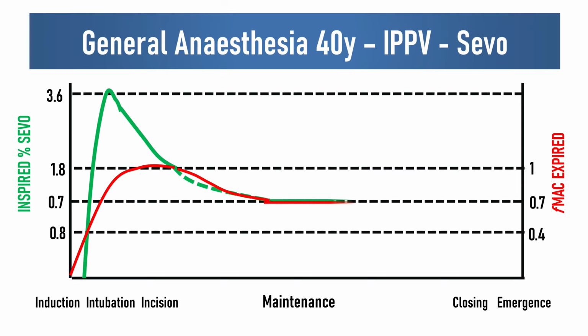Towards the end of the case, the vaporizer dose is reduced further to allow the volatile agent to liberate from the tissues. There is a delay in the fractional MAC falling in line with the vaporizer, as this represents liberation of tissue-bound agent, and it's determined by the tissue-blood partition coefficient.